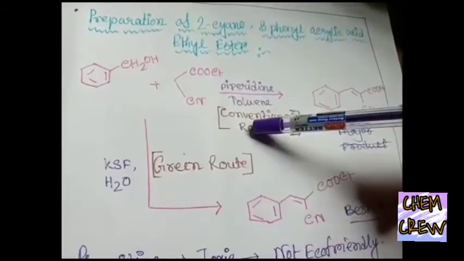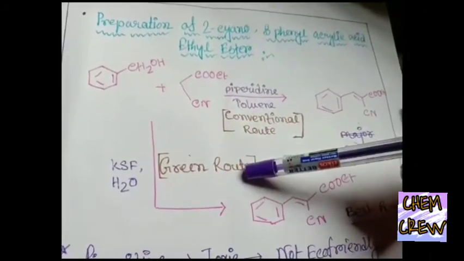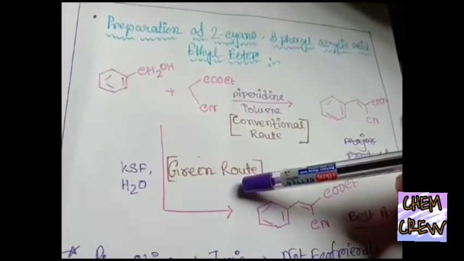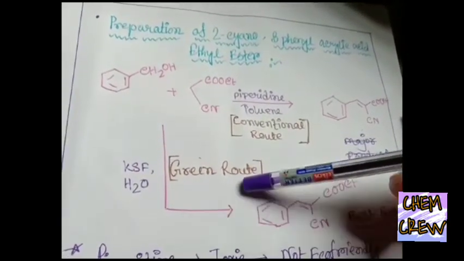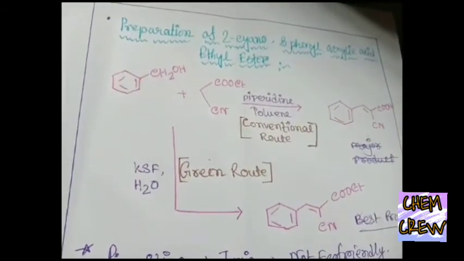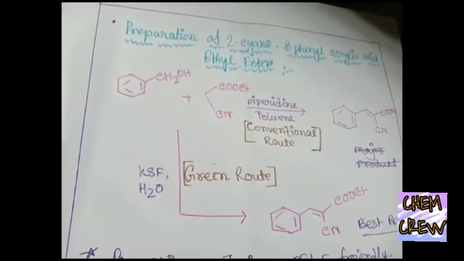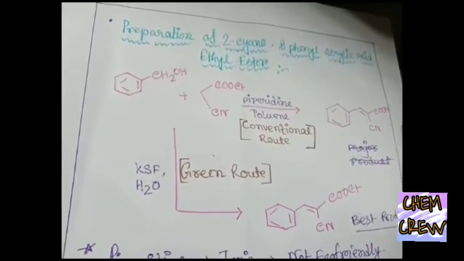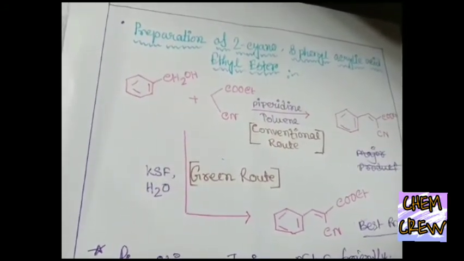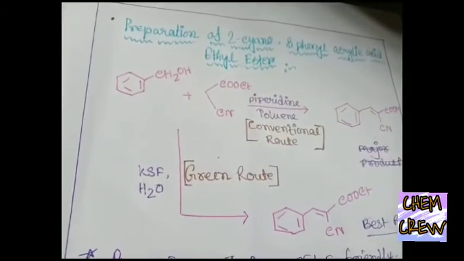Therefore, of the two methods, conventional route and greener route, which is the best method? The green method is better because piperidine is toxic and not eco-friendly and it affects human skin. Toluene is also not an eco-friendly solvent, but water is a better solvent for the green method. So the green method is best.